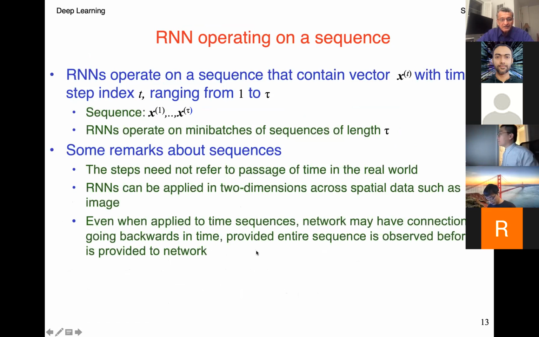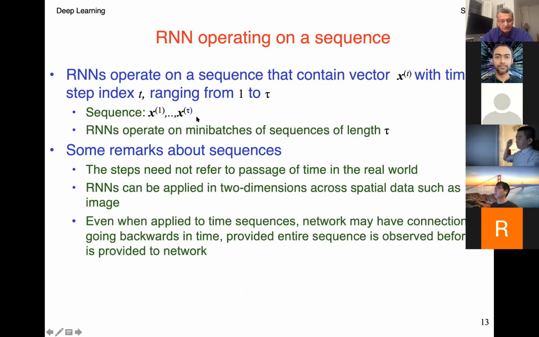So, RNN operating on a sequence. RNNs operate on a sequence that contains a vector x at each time step. So we no longer have simple x as input. We previously had x as input. We have x superscript t, indicating that it is x at time t, with time step t ranging from 1 to tau, some set of values.